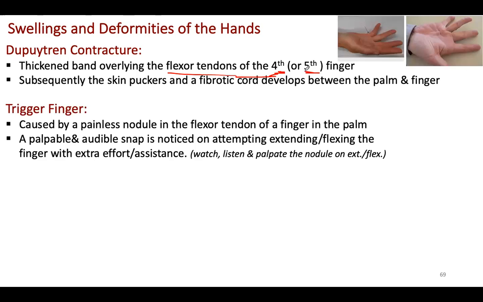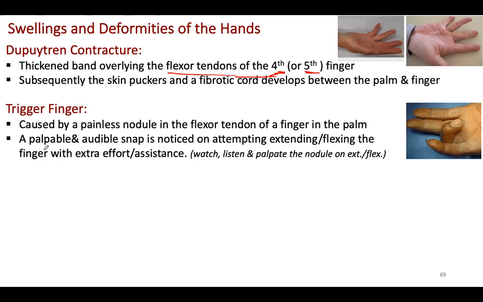That's Dupuytren contracture. Trigger finger. This is caused by a painless nodule in the flexor tendon of a finger in the palm. And it results in a palpable and sometimes audible snap that is noticed on attempting to extend or flex the finger with an extra effort or with assistance.